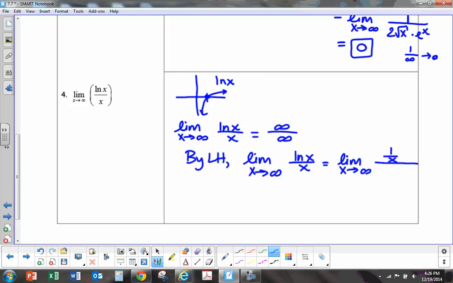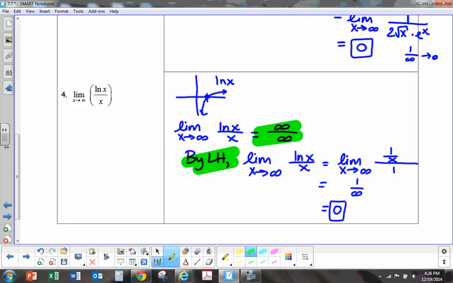Over, and then I differentiate the bottom. Derivative of x is just 1. So this is now 1 over infinity, which is 0. And again, I only needed L'Hopital's rule one time. But before I started, I had to make sure that I had verified that it was infinity over infinity form or 0 over 0 form.